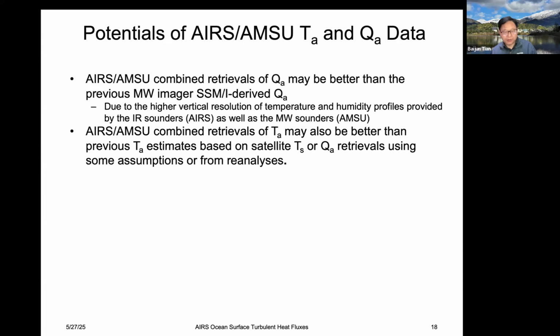That's why it probably should give a more accurate estimate. Similarly for the near surface temperature, because we have the water information and temperature information, the retrieved near surface temperature should be better than those based on satellite near surface humidity or from the reanalysis.